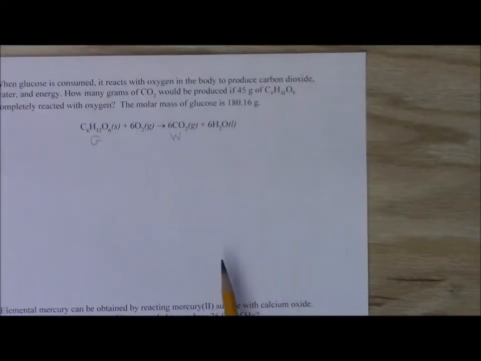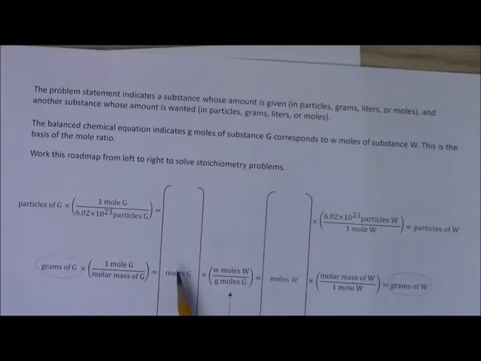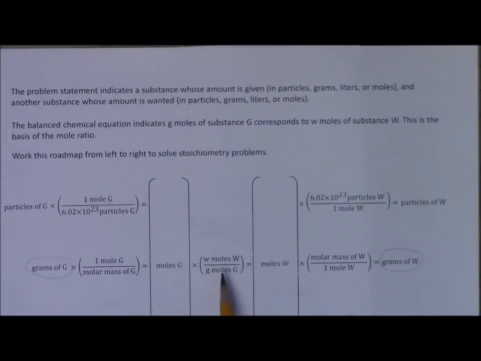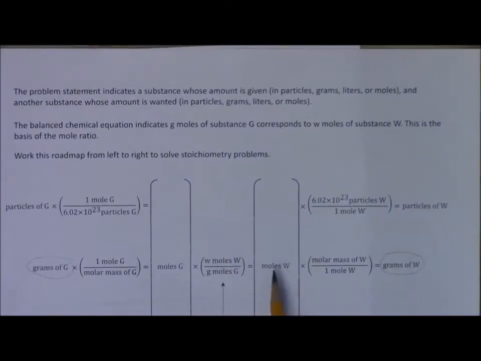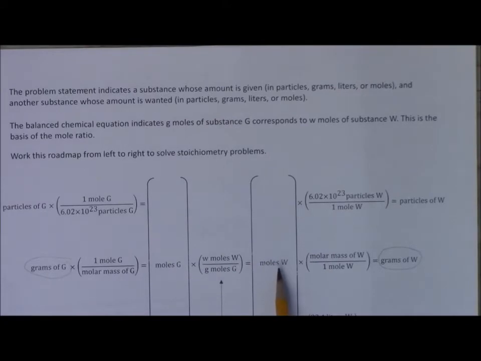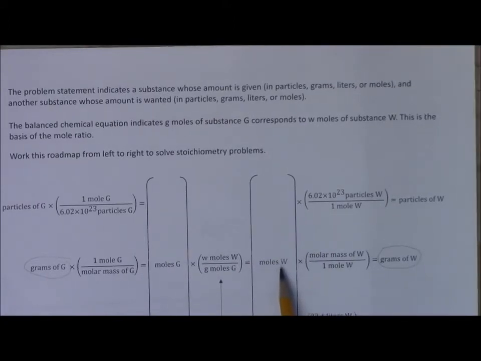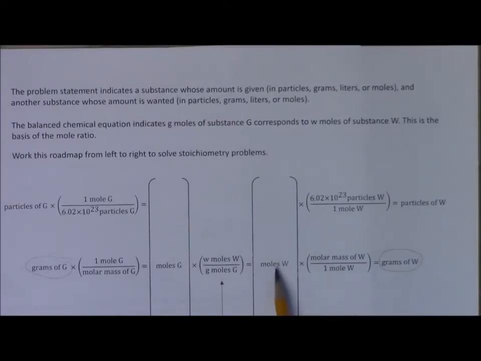Okay? Moles of glucose times this mole ratio will give us moles of CO2, which is the substance we're trying to find the grams of. Then multiplying that by the molar mass of CO2 over 1 mole of CO2 will give us grams of CO2, which is what is wanted in this problem.